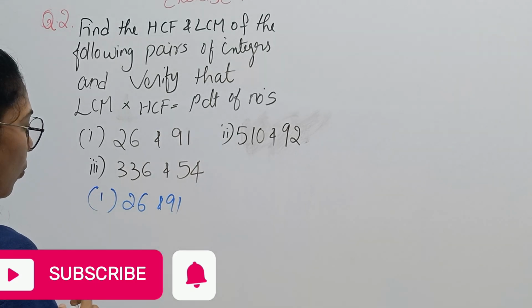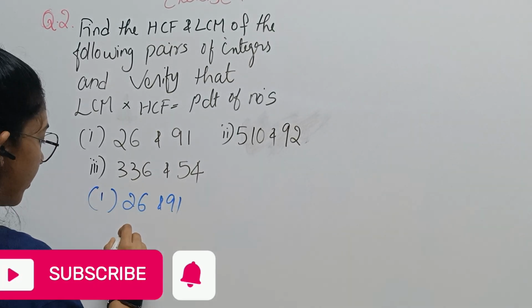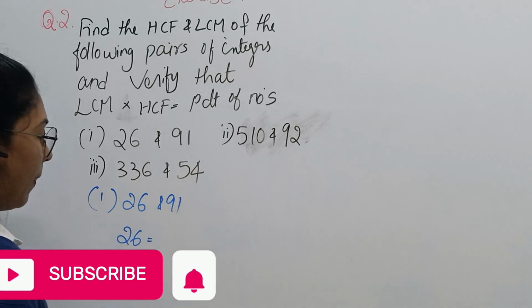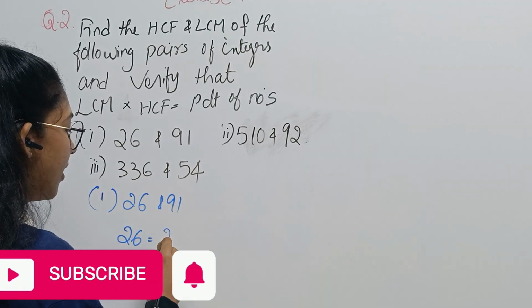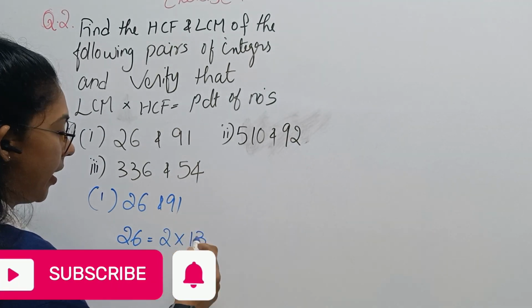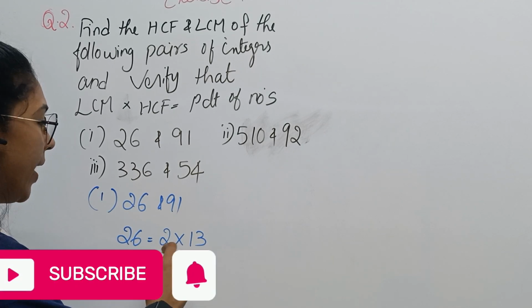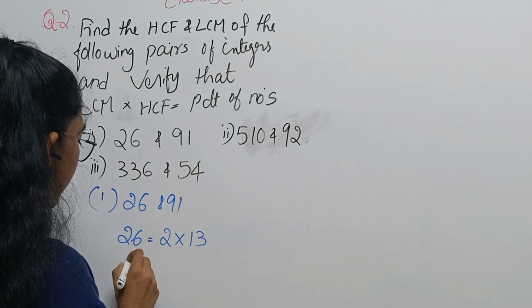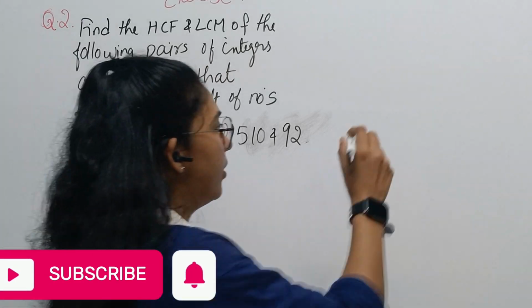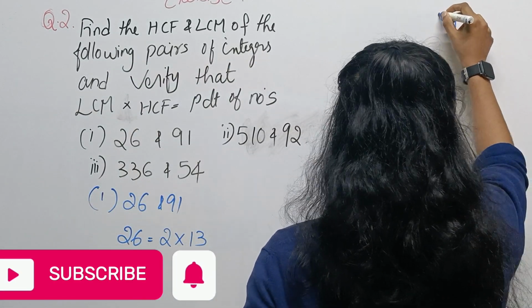So what are the factors of 26? We can easily say that it is 2 into 13. So 2 and 13 are the factors of 26. And next one is 91. What are the factors of 91?